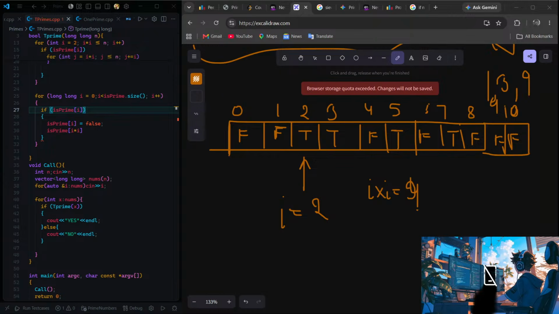Now let's see if this number is a prime number.